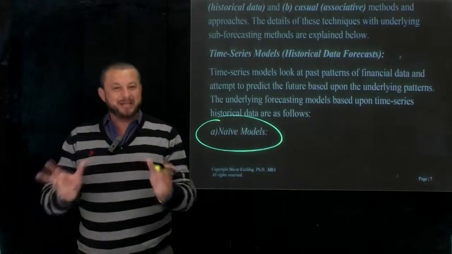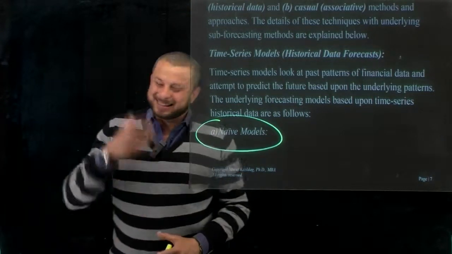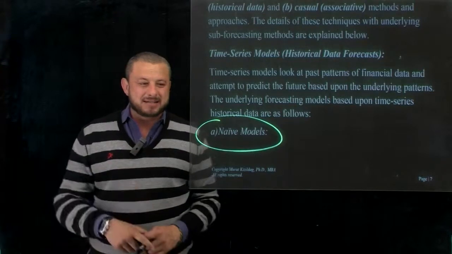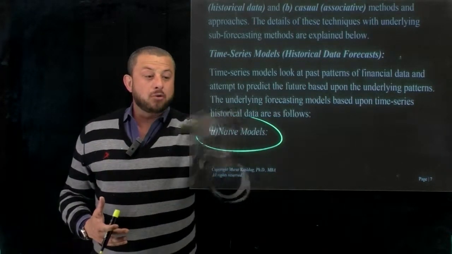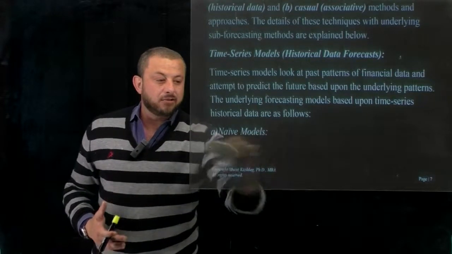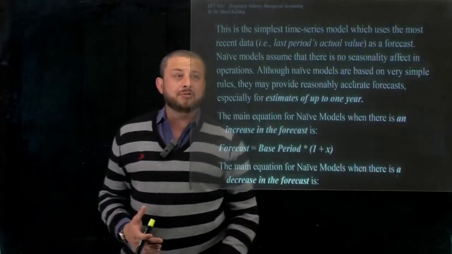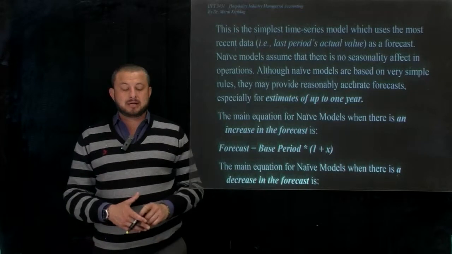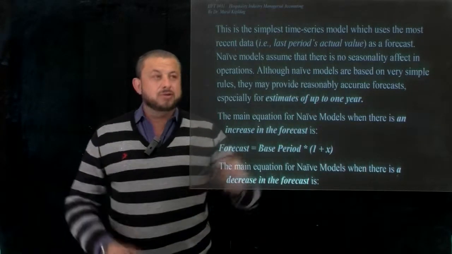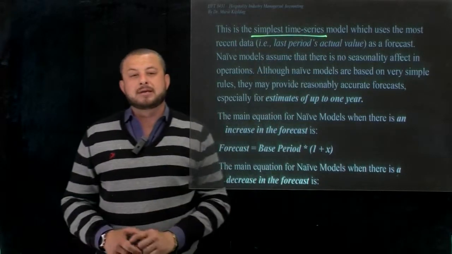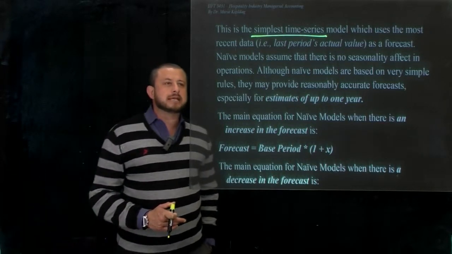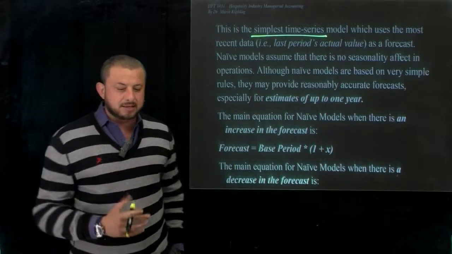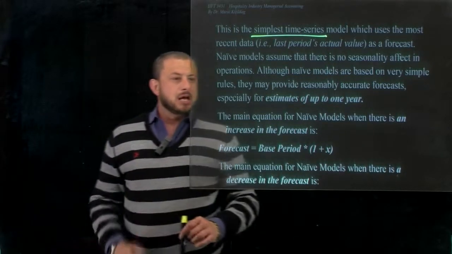Naive models are so naive. They're literally so naive because they are the most restricted models we have in forecasting. It has a lot of limitations and restrictions. That's why it is the simplest time series model we have in the entire forecasting toolkit.